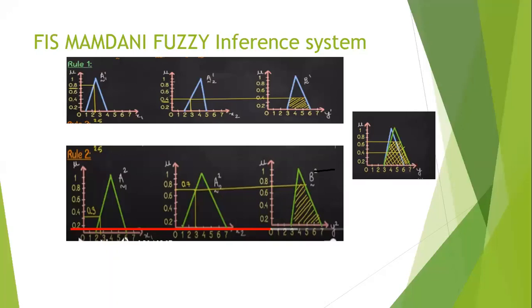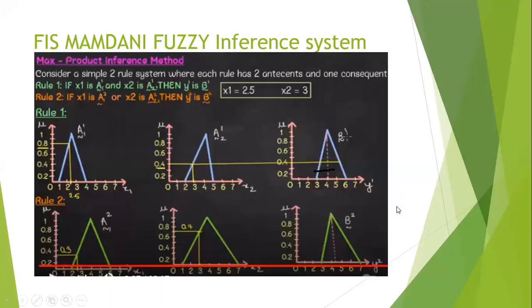Next, going to the next method, that is the max product inference method. In the max product inference method, again you are taking the same two rules. Rule 1, if x1 is a11 and x2 is a21, then y1 is b1, and similarly the second rule.